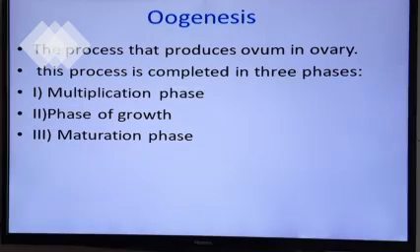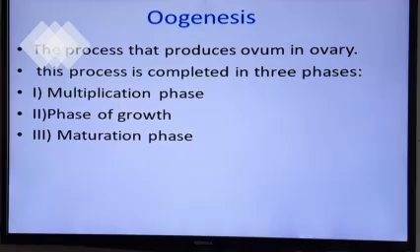This follicle stimulating hormone acts on germinal epithelial cells. These germinal epithelial cells start to divide and redivide. This cell division can be divided into 3 stages. First stage is the multiplication phase, second is the growth phase, third is the maturation phase.